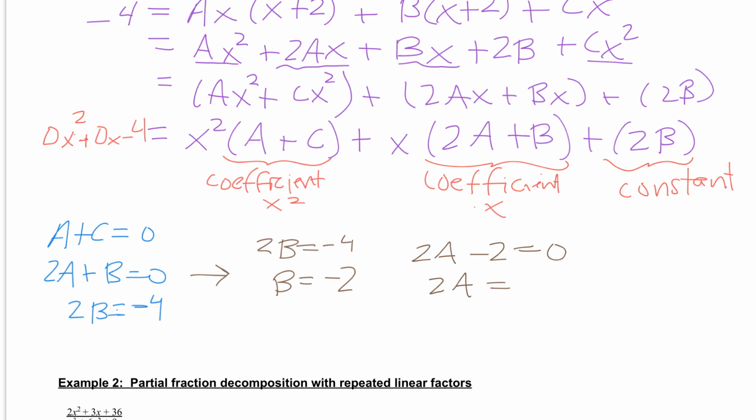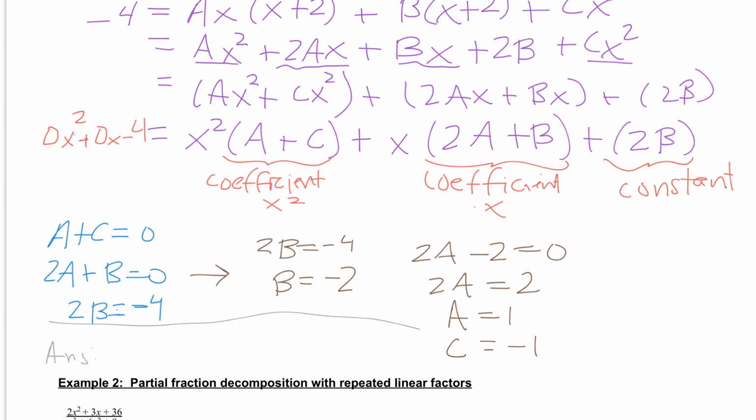Then we know 2A has to equal 2, so A is 1. And if A is 1 and A plus C is 0, then C has to be negative 1. Now that we have all our numbers, A, B, and C, we can put them in for our final answer.